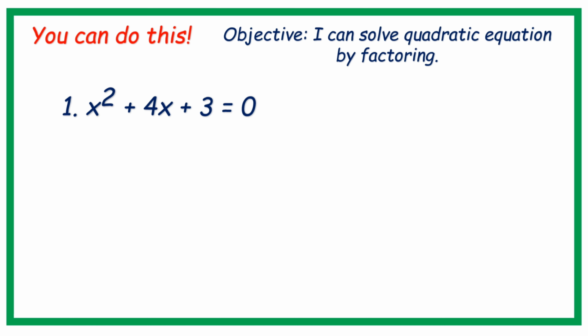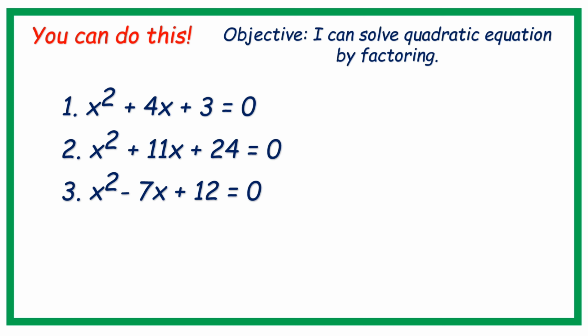Number 1, x squared plus 4x plus 3 equals 0. Number 2, x squared plus 11x plus 24 equals 0.